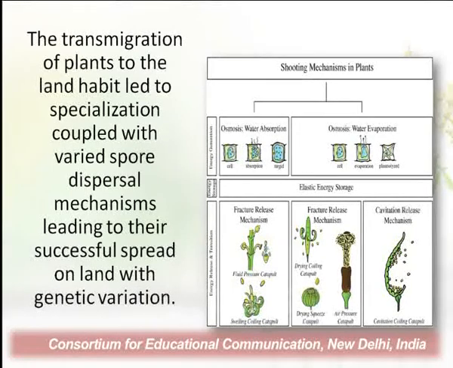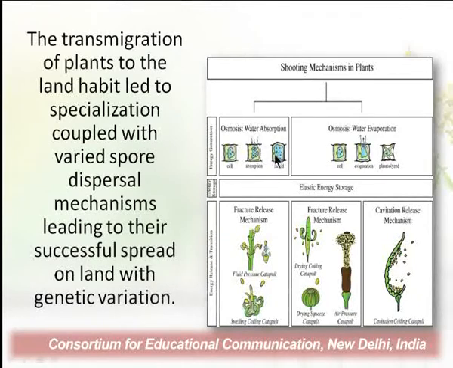As far as the spore dispersal mechanism is concerned, it is primarily based upon the process of osmosis. During osmosis, when absorption of water happens, the cells become turgid, and when the water evaporates, the cells become flaccid.